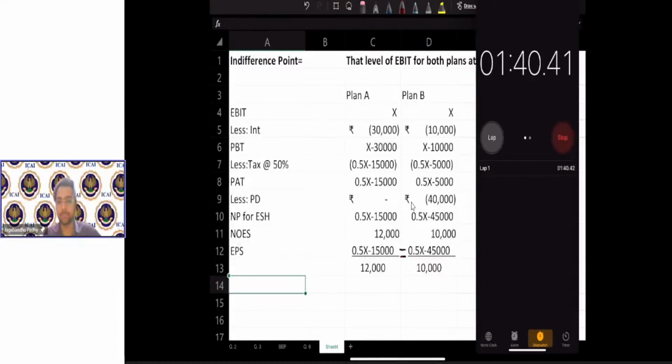Okay. What's the value of x? Value of x.